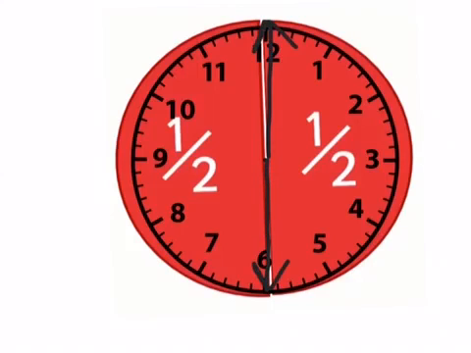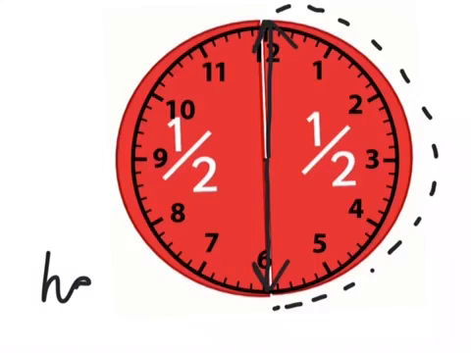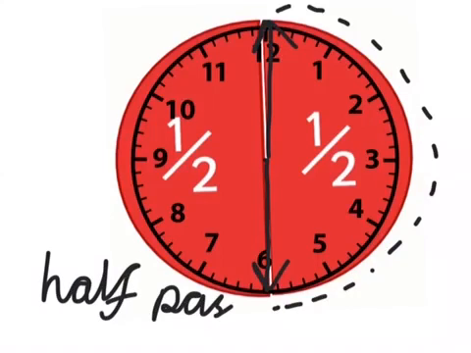So when the minute hand has travelled half of the way round the clock, it reaches the number 6. And this is the time that we call half past, because it is half of the way round the clock.